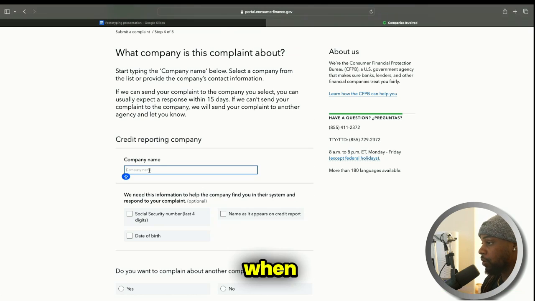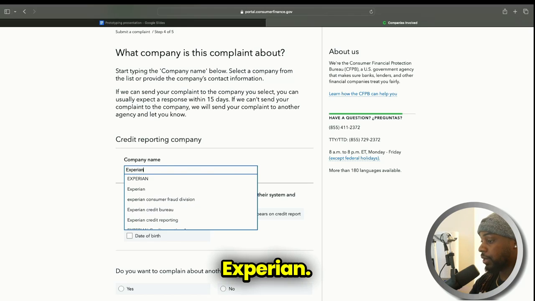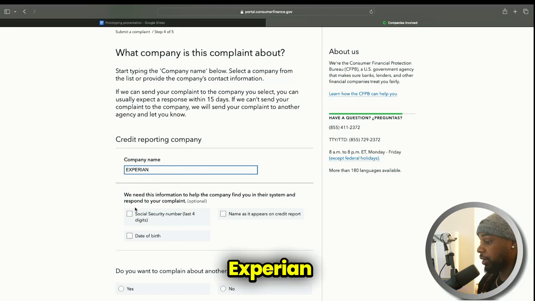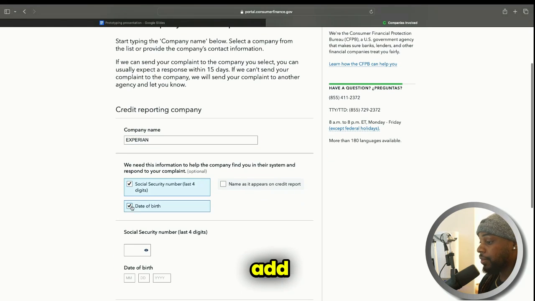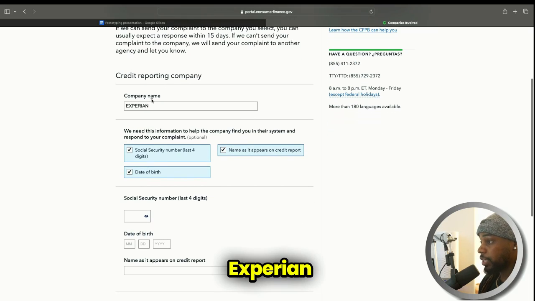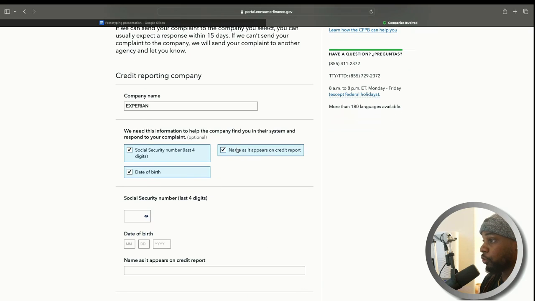Now, when they ask you the company name that you're disputing, you want to put the credit bureau name. Let's start with Experian. You're going to click on Experian, and then you're going to add this information. So company name, Experian, social, name as it appears on your credit report.